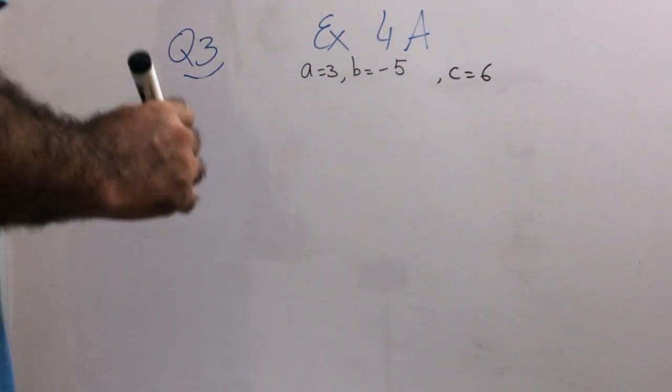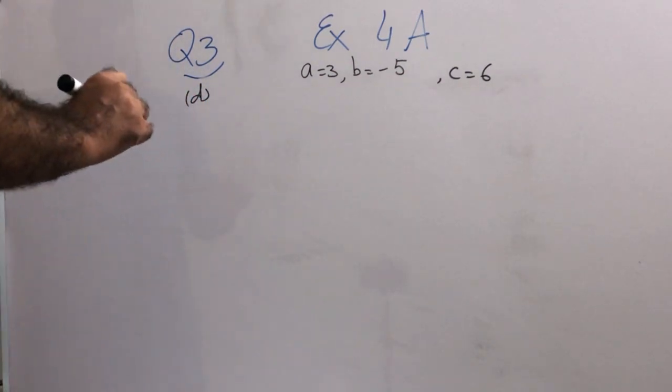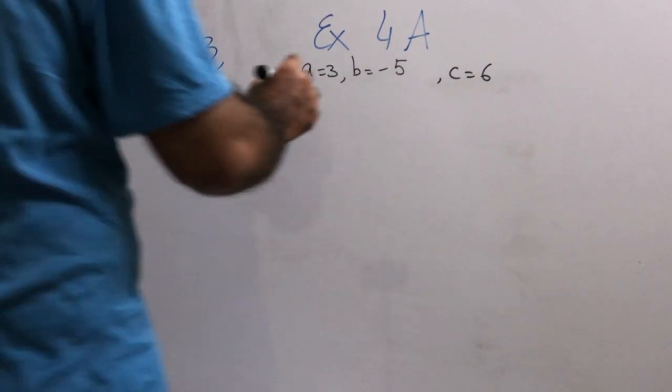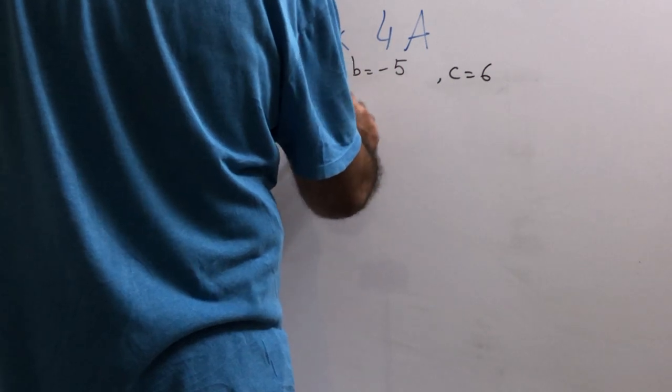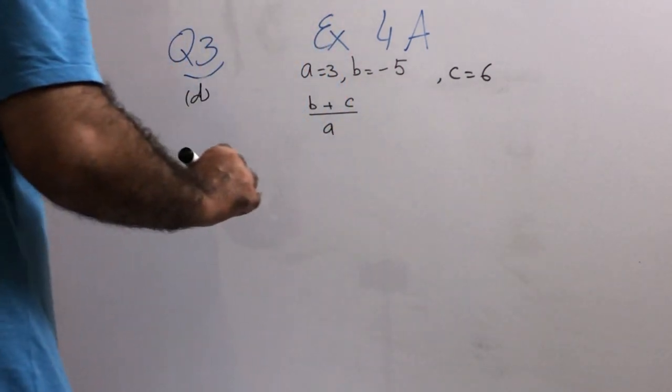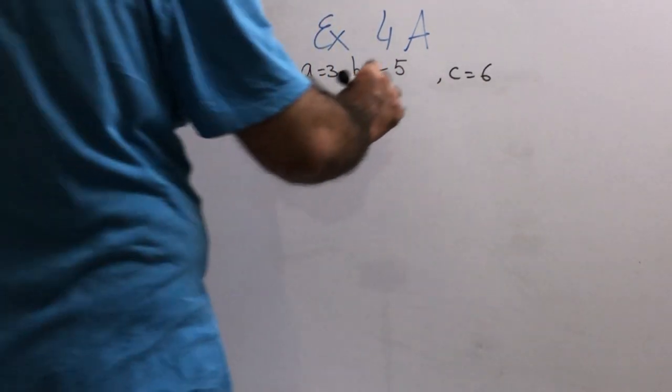The expression for part D is B plus C over A plus A plus C over B.